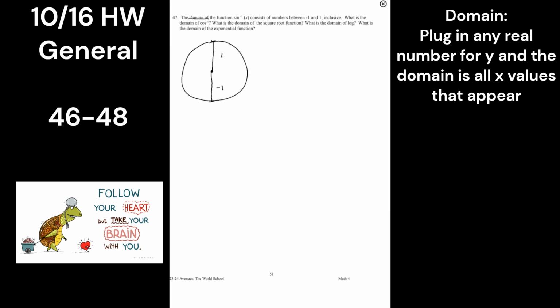In the same aspect, the domain of inverse cosine of x should also be only 1 and -1 because it's a unit circle. That makes sense.